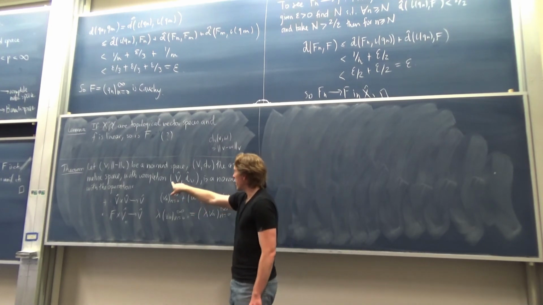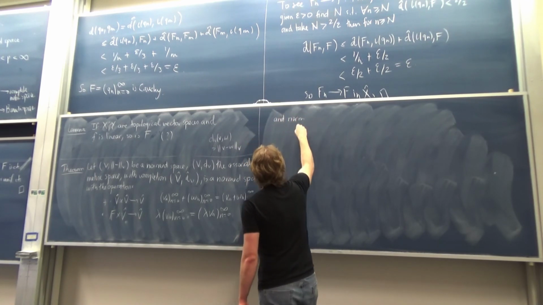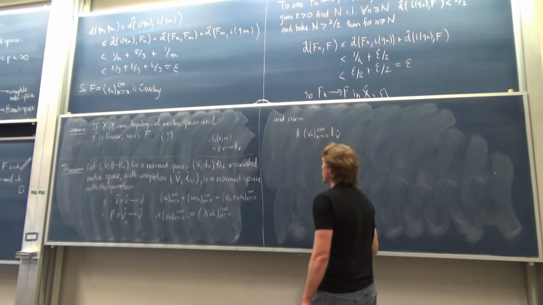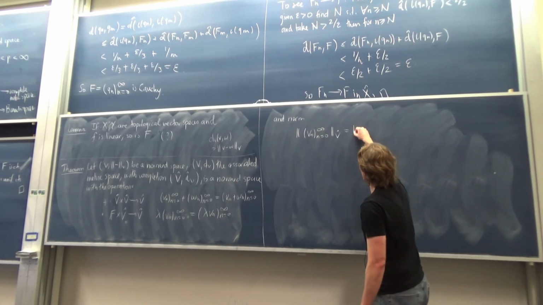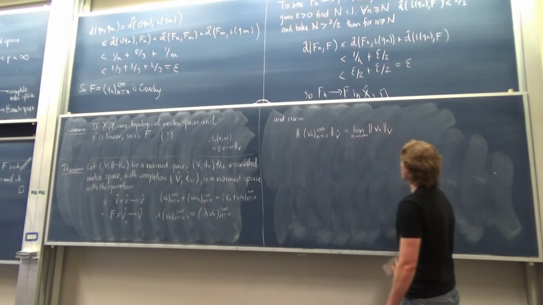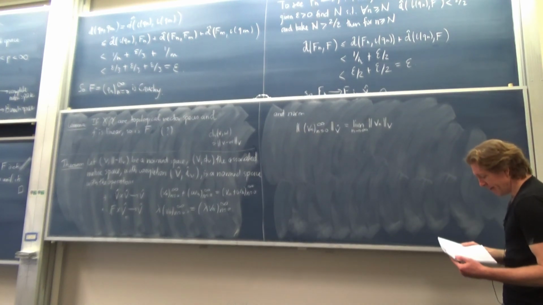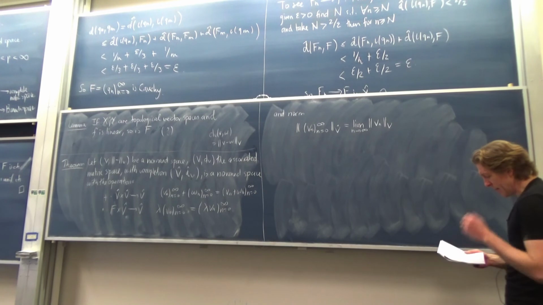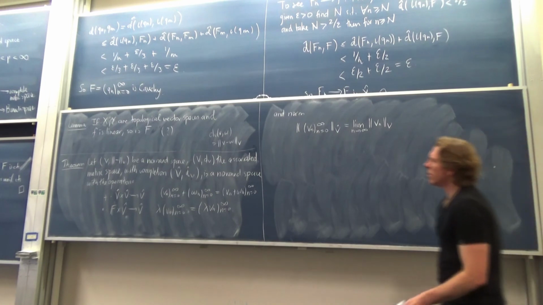Okay, so I claim that makes this into a vector space, and then I claim the norm, which is defined to send, so the norm of a Cauchy sequence is just the limit of the norms of all the constituent elements in V. Right, so that's the first claim.